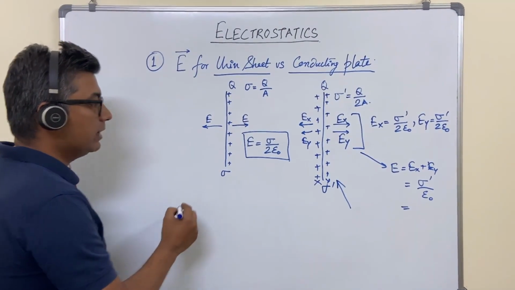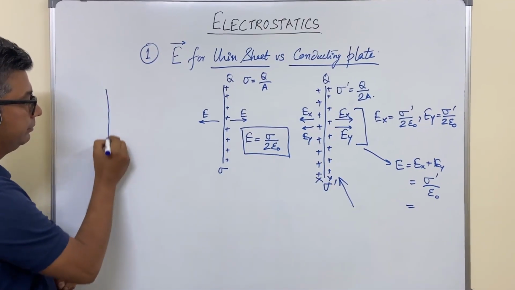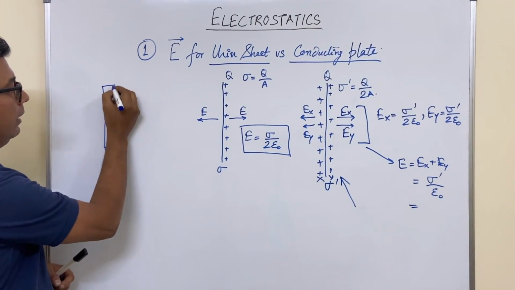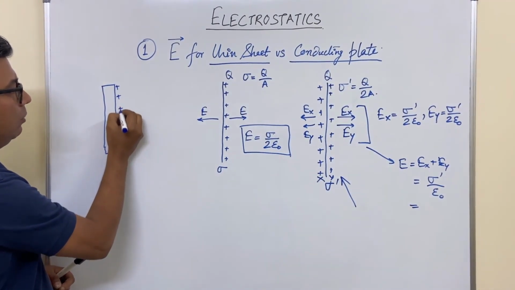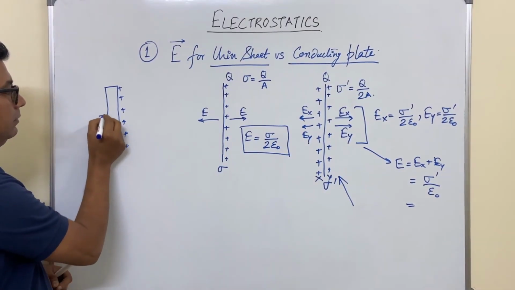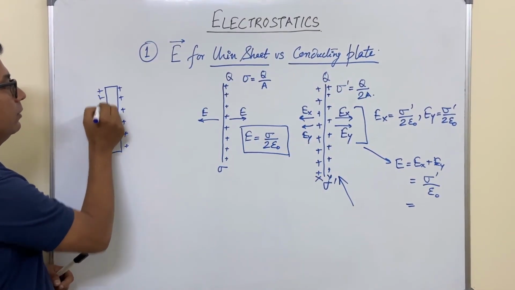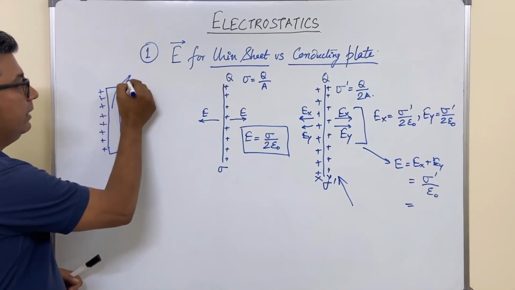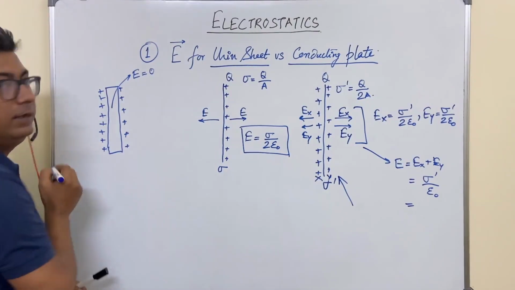Now let's take for example a conducting plate here. So I will have some kind of thickness, and let's say charges are on both the sides because it's uniformly distributed on the surface. You need to remember that electric field inside will always be zero.